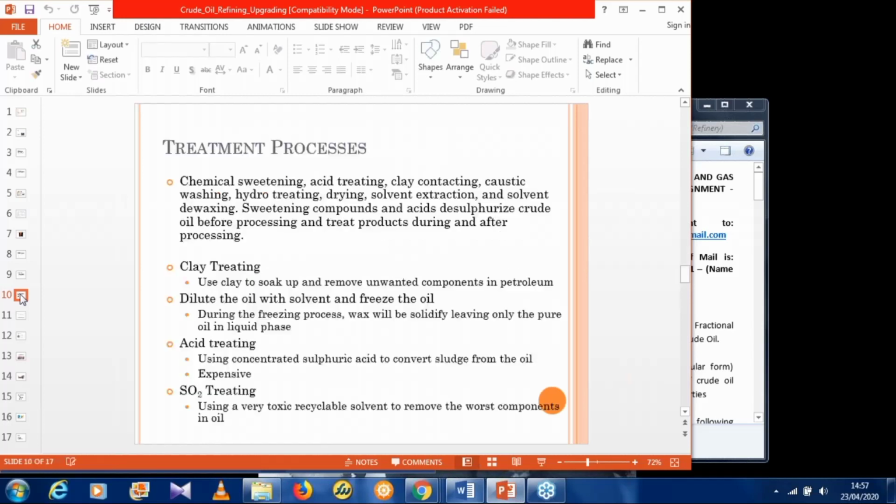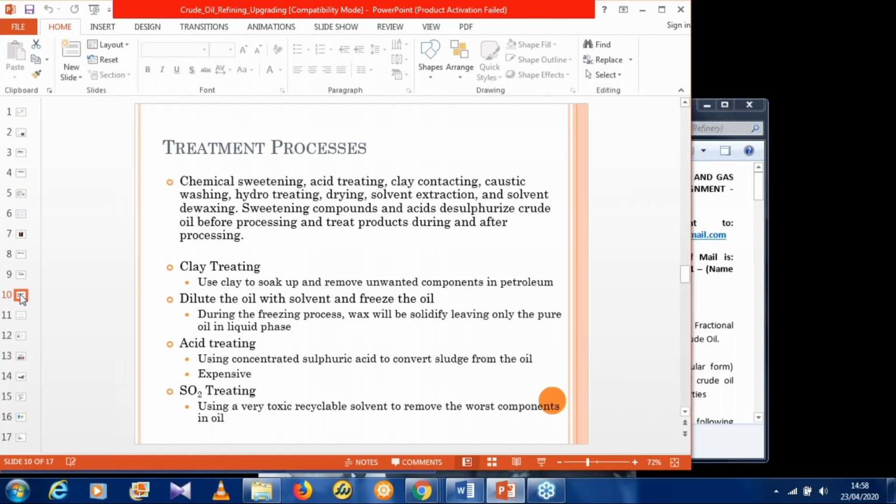Okay. We still have some other treatment processes for crude oil. We have clay treatment, we have acid treatment, we have sulfur treatment. We also have a popular one where we try to sweeten the crude by reducing the sulfur content.